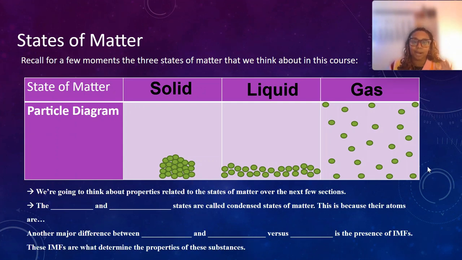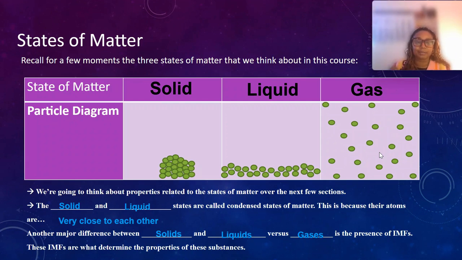So we're going to think about properties related to the states of matter over the next few sections that we're learning about. All right. The solid and liquid states are called condensed states of matter. This is because their atoms are super close together. So solid and liquid, we're going to think of those as condensed because their atoms are super close together. Another major difference between solids, liquids versus gases is the presence of IMFs, remember, intermolecular forces.